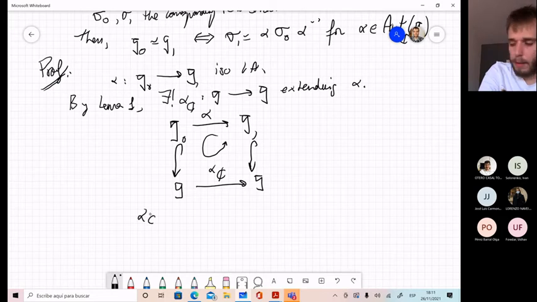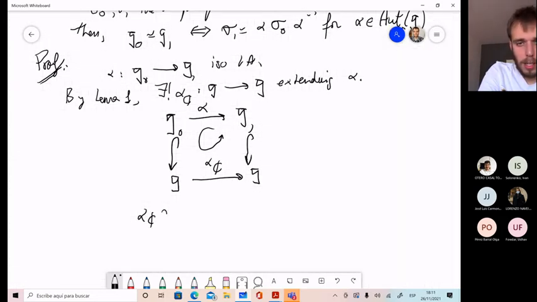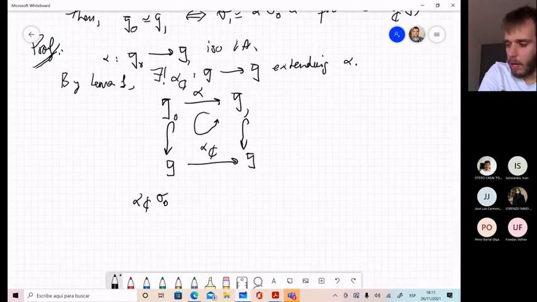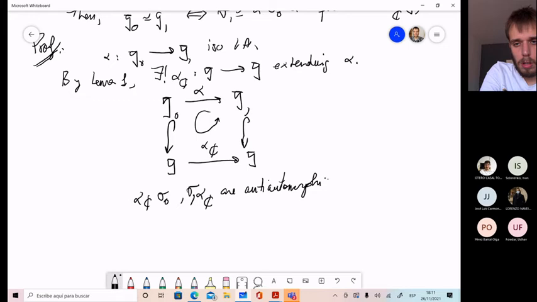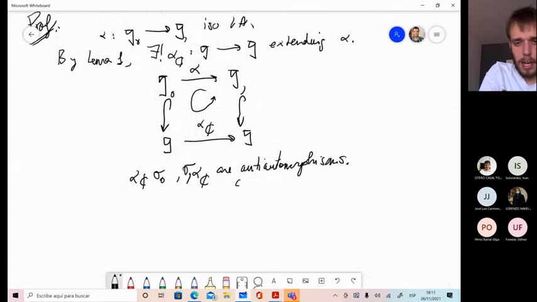So it follows that alpha C composed with sigma 0, and alpha C composed, well, first we compose with sigma 1, are anti-automorphisms, and they coincide in g0.